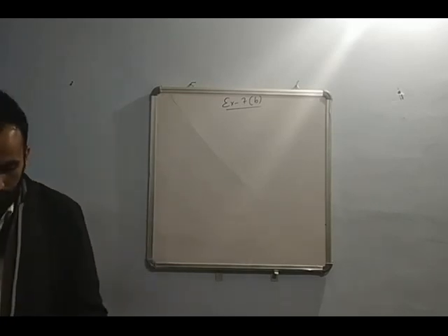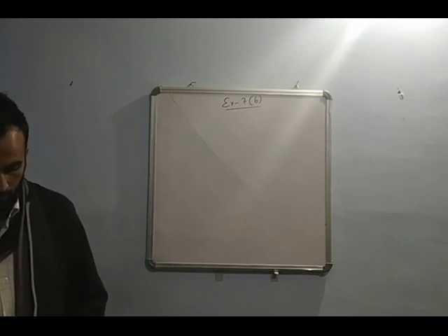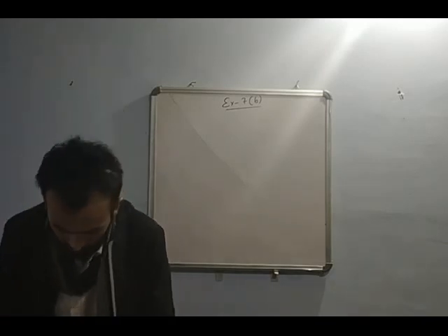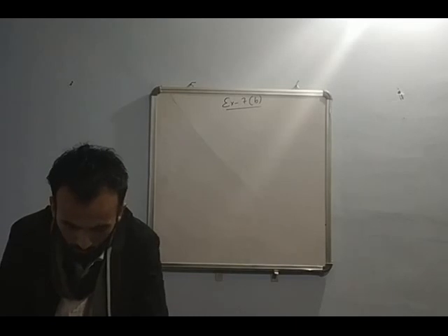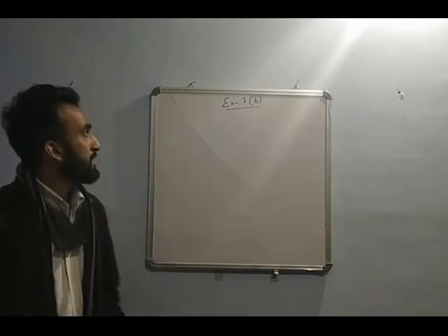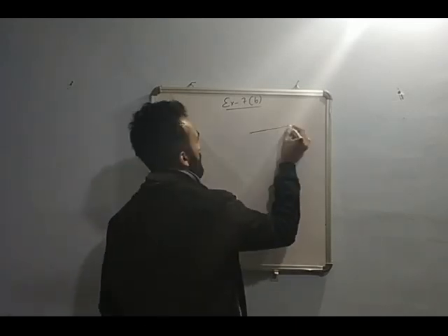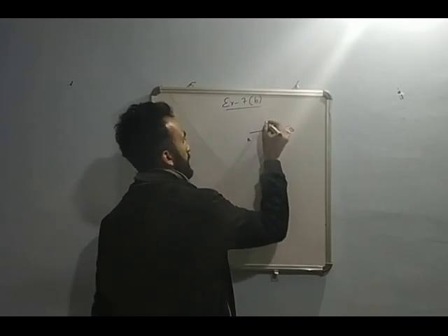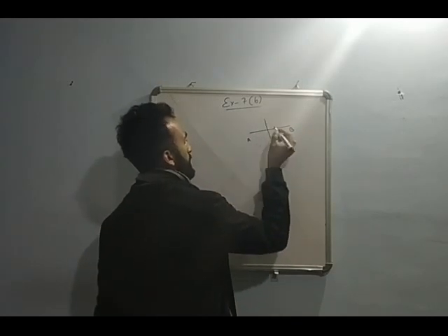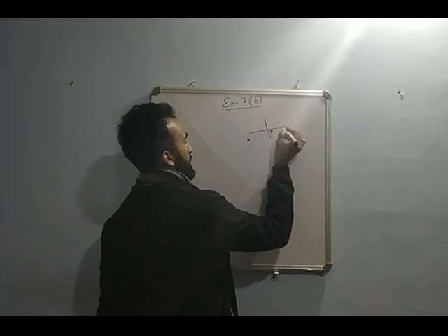Read the question very carefully, and what is asked in the question, what we have to find out. Remember, we are doing section formula. You have point A and B, and one line passes by and it touches this line segment x comma y.